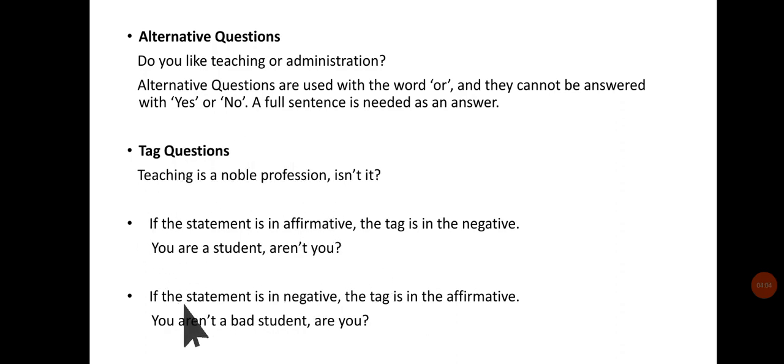Look at the next one. If the statement is in negative, the tag is in affirmative. See here, you are not a bad student. So you are not is already negative, so you have to change it into positive. When you change aren't into positive, it is used as are. Aren't changes into are in positive. Next, you can be used as it is.